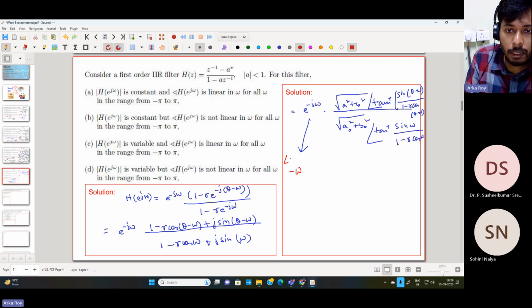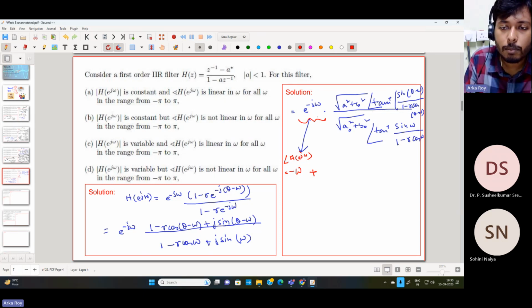So I'm calculating the angle of H of e power j omega currently. For this part, it is giving you minus omega. Followed by that, we will get a plus sign over here because these two parts are multiplied. If it is multiplied, then we have seen that it would be theta 1 plus theta 2. However, here, because this is in the form of z1 by z2, it will be theta 1 minus theta 2, so the angles will be negated with each other.